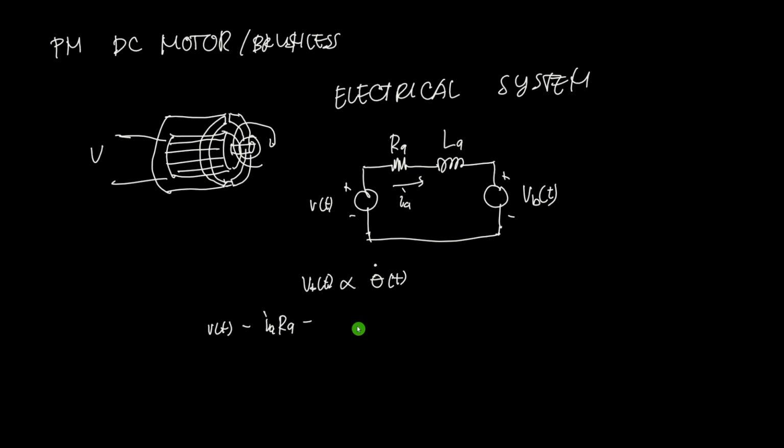So what's the voltage drop across an inductor? It's just equal to L times dIA/dt. And finally, the voltage across here, the back EMF VB of t, and this is equal to 0.